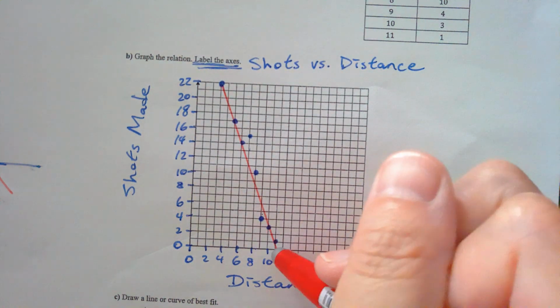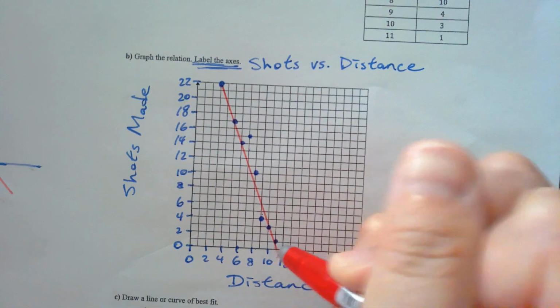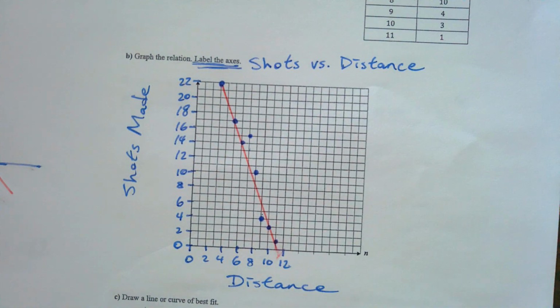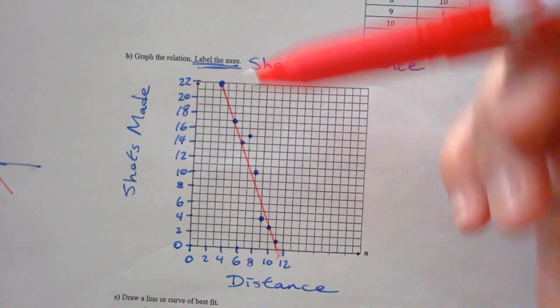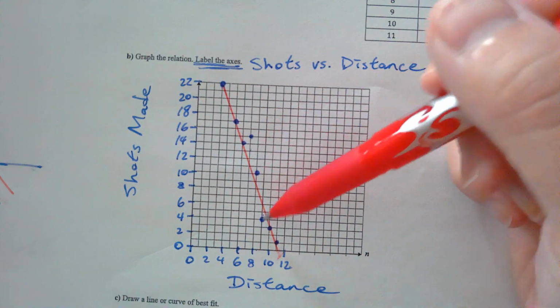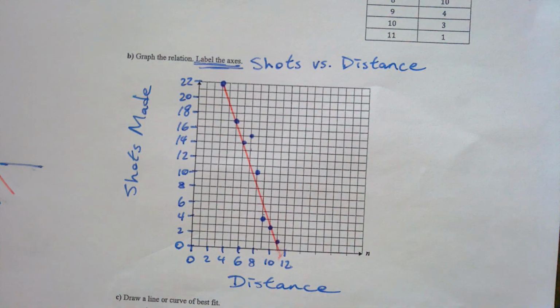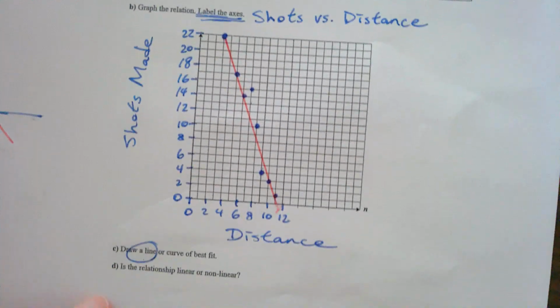Technically, I shouldn't go through here because you cannot make negative shots. Should stop right there. So go through most of the points, about the same number of points above and below your line. That's a line of best fit.